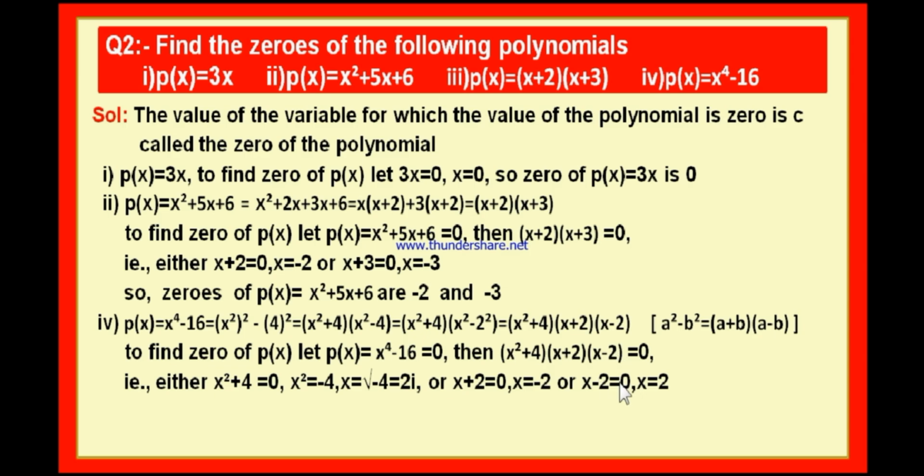Or if x minus 2 is equal to 0, then x is equal to plus 2. So, the zeros of the given polynomial p of x is equal to x power 4 minus 16 are 2i, 2 and minus 2. Otherwise, you can write plus or minus 2i. At once, you can write plus 2i, and in the second case, minus 2i also. So that there may be 4 zeros.